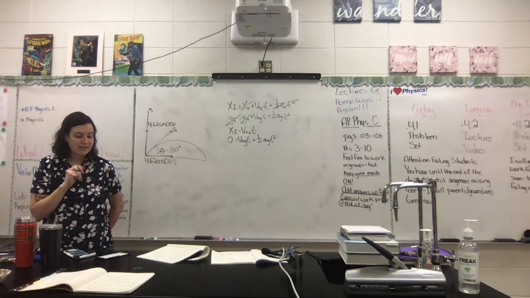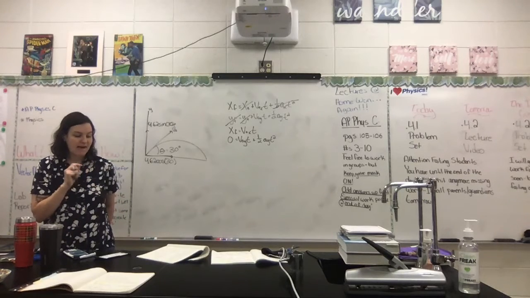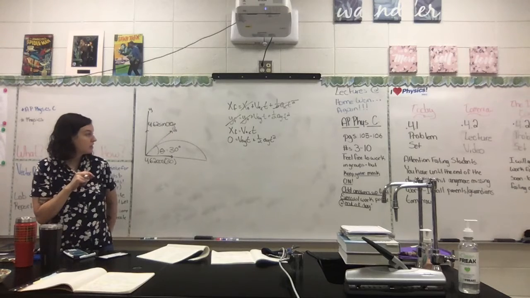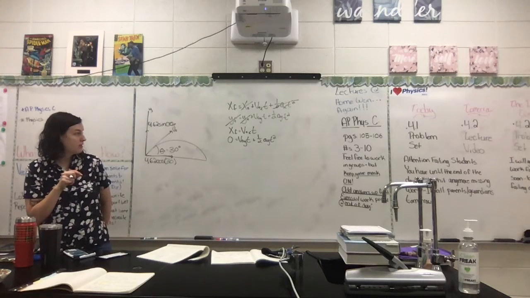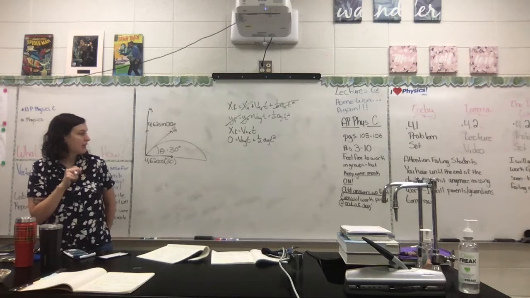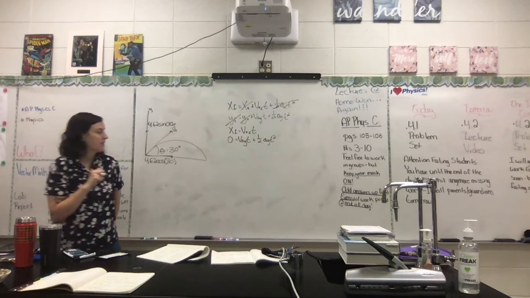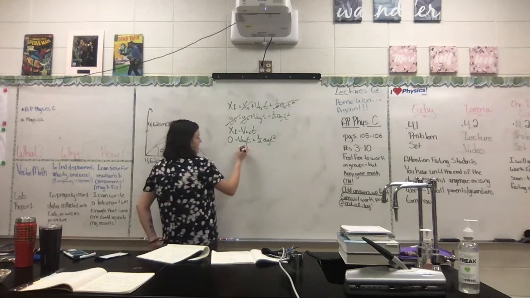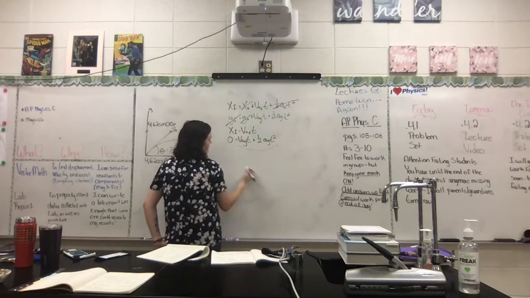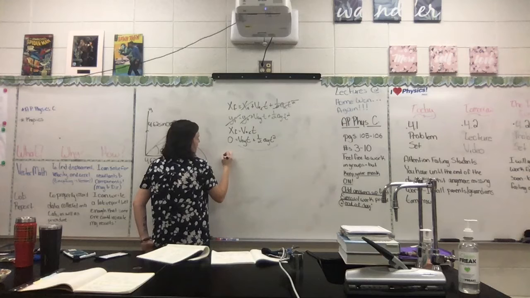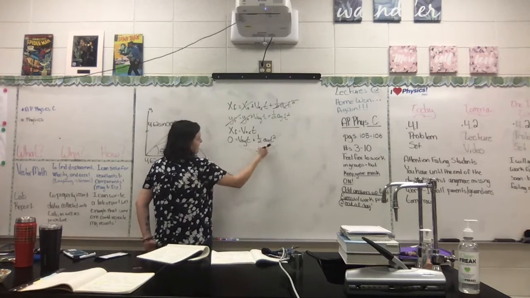Now, what we're asked to find is that final position. So we need to figure out what our time is going to be. And we can do that by solving for the time here. So we're going to want to factor out a t.